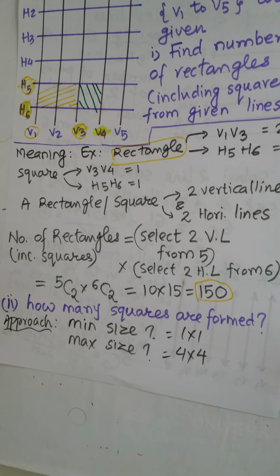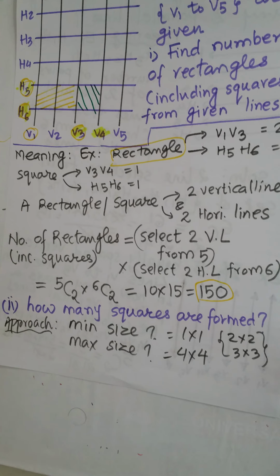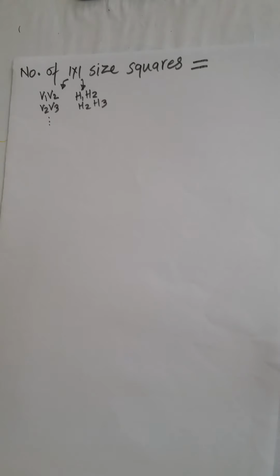So from 1 by 1 to 4 by 4, how many sizes are there? For all those sizes, like 2 by 2 and 3 by 3, we have to calculate the number of squares, and their addition will give us the answer. So let's calculate. The number of 1 by 1 size squares depends on the number of consecutive pairs of verticals and the number of consecutive pairs of horizontal lines.